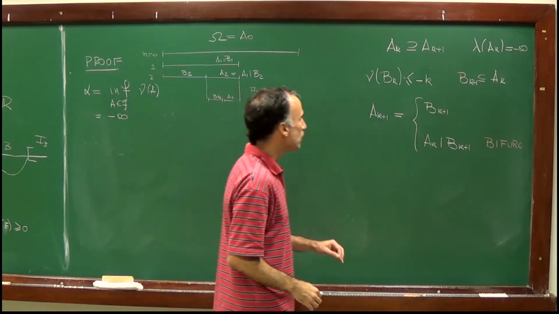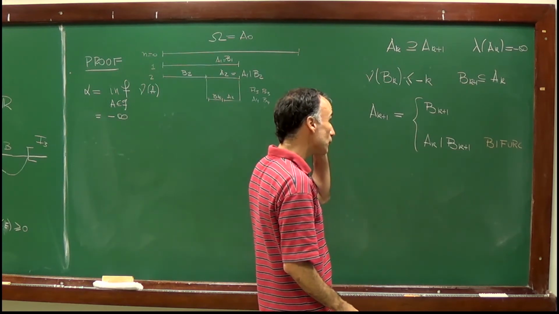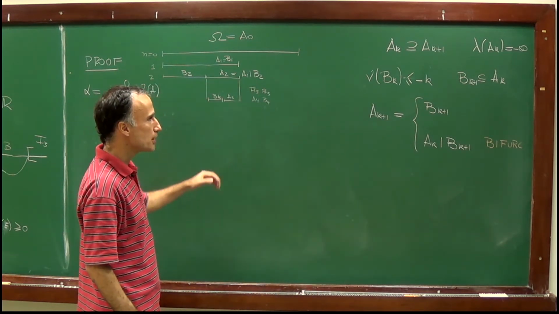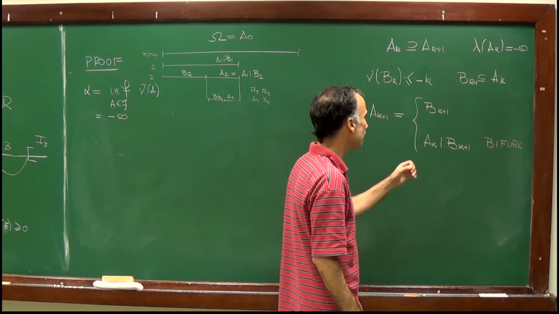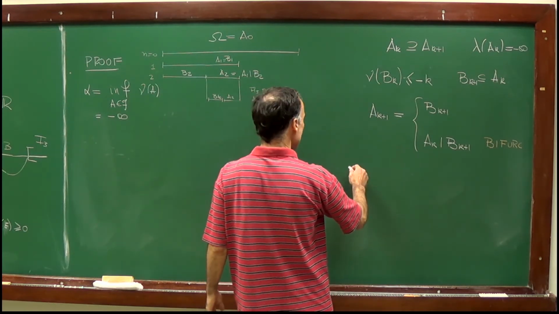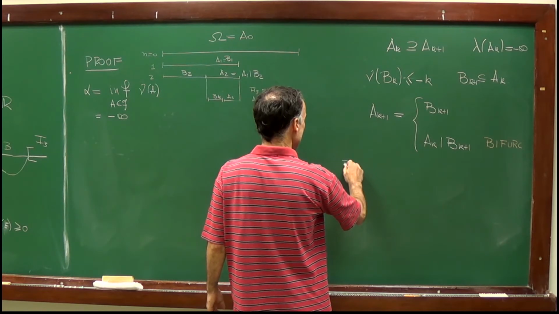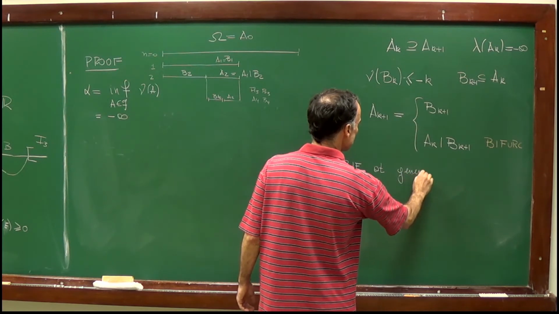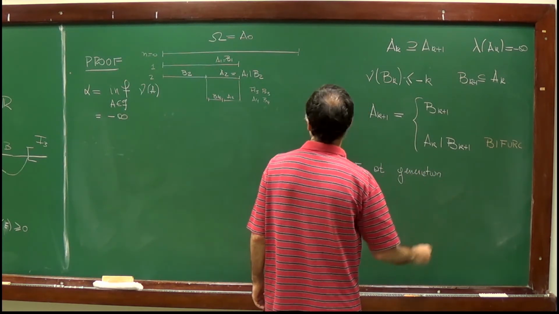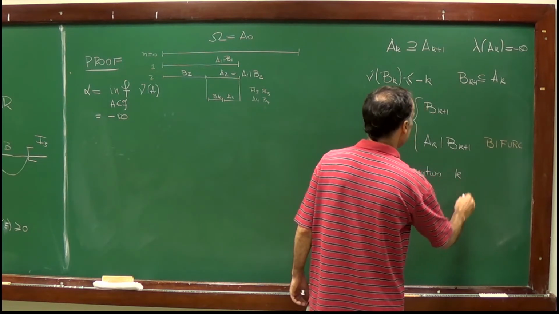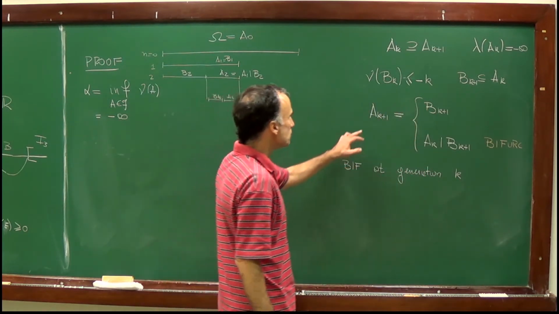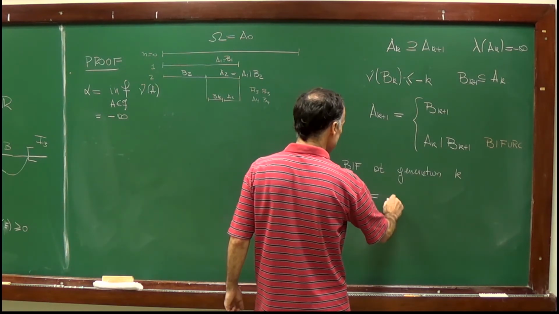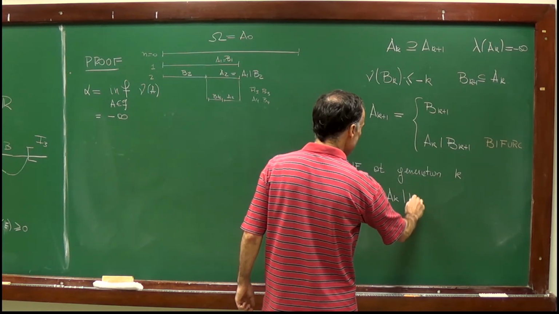And what I want to make precise is that once I have a bifurcation, then all next sets B_j are disjoint from that set. So assume that there exists a bifurcation at a generation. So let's say that it's k. So this means that assume that A_{k+1} is equal to A_k minus B_{k+1}.